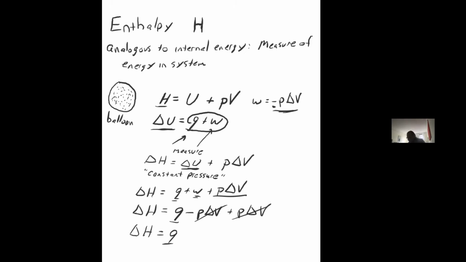So now we have something really, really simple. And so this definition of enthalpy, there's nothing mysterious about it. It's just a little trick that we're doing to make the problem simple. It turns out that if we are at constant pressure, and there's another requirement, which is that the change in volume is not very big in the process. And so I'm going to put that if delta V is small.